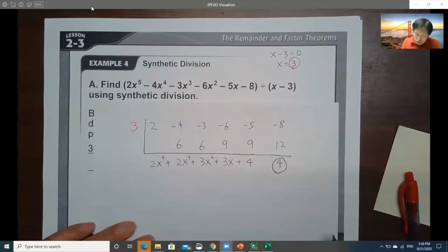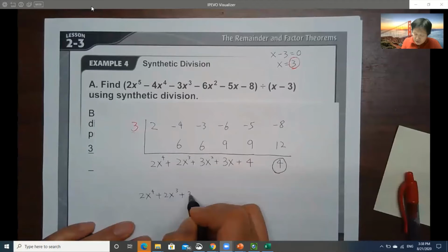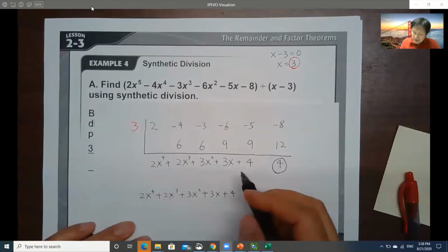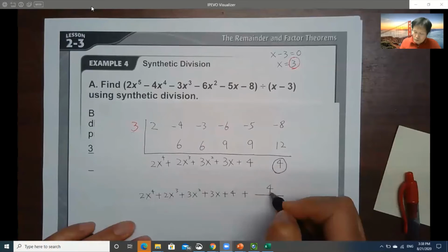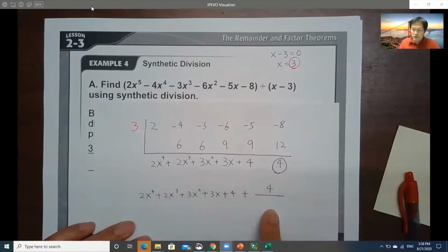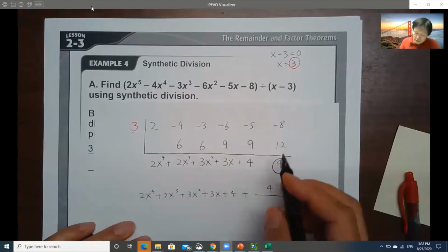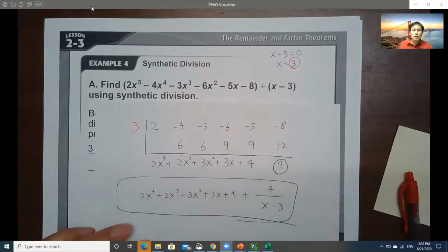You can do 2x to the fourth plus 2x to the third plus 3x squared plus 3x plus 4. That's the quotient, plus the remainder 4 over the divisor. The divisor is x minus 3. You're dividing by x minus 3. Done. A lot easier than long division. I love synthetic division.